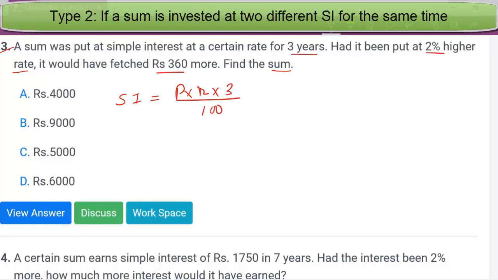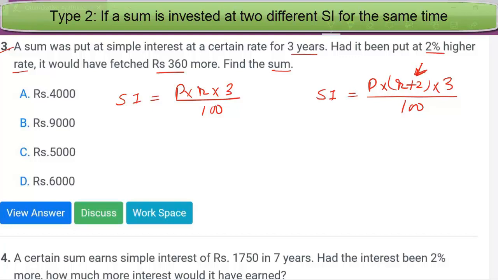And then had it been put at 2% higher rate, in that case simple interest would have been P multiplied by R plus 2, multiplied by the period, which is same, 3 years, divided by 100. So basically what is happening, this rupees 360 more is because of this 2% more rate of interest.